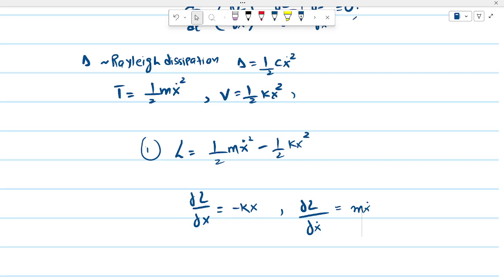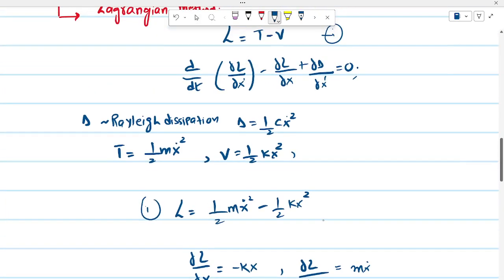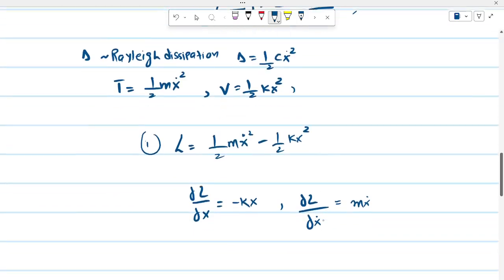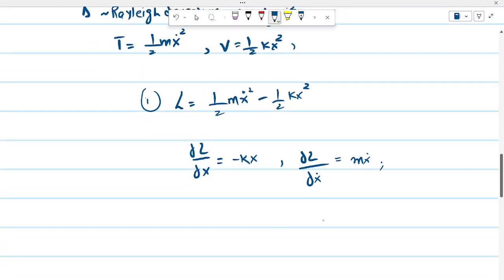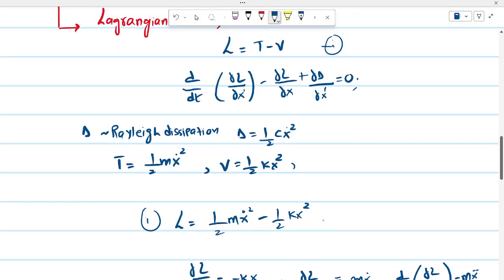Now for the generic Lagrange equation, we have to differentiate this component with respect to time as well. So d over dt of partial L over partial x dot becomes m x double dot. Now you can substitute all of this into your generic equation of motion, equation 2 for the Lagrange method.